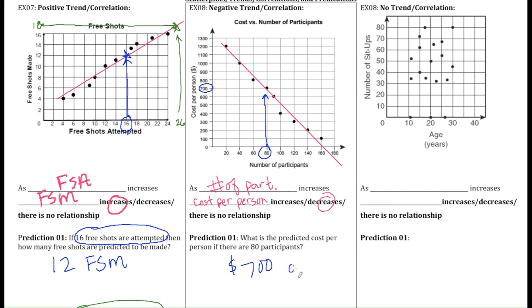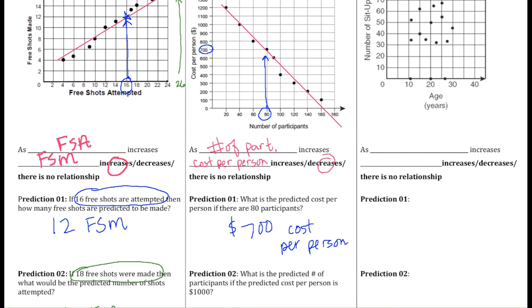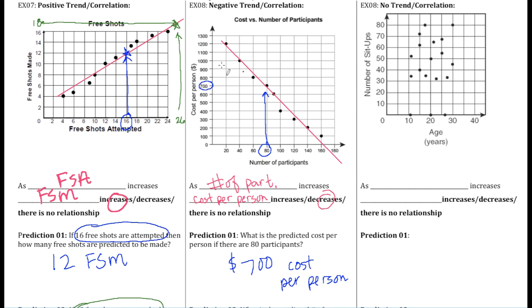Okay, let's try this green. What is the predicted number of participants if the predicted cost per person is 1,000? So let's go to 1,000.